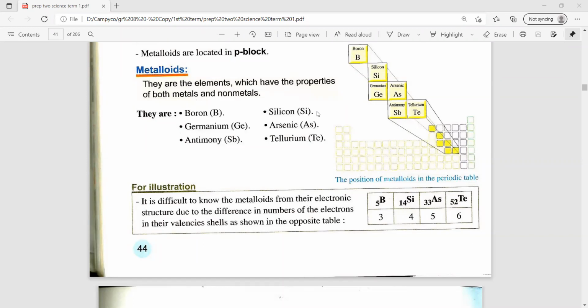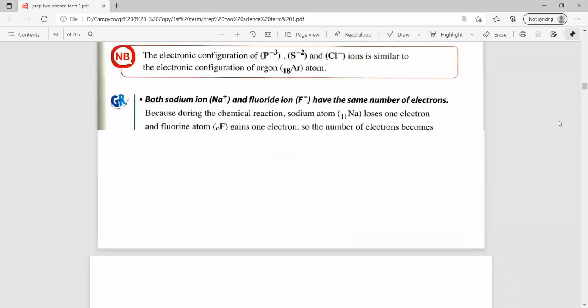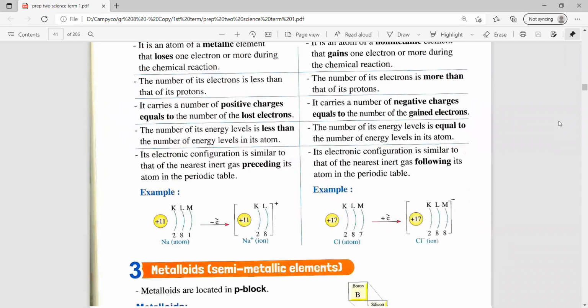So, Yara, the gradation of the metallic property when we move from left to right, like when we increase the atomic number, what happens to the metallic property? I don't understand the question. The metallic property when we move from the left to the right, with any period.